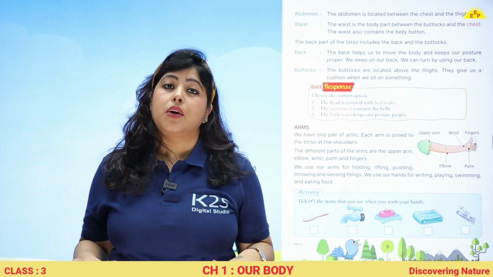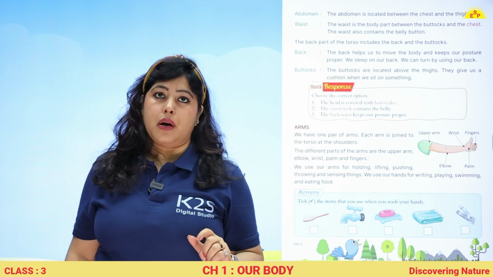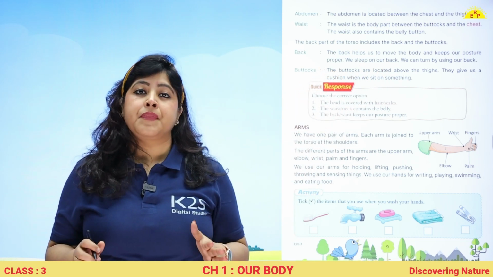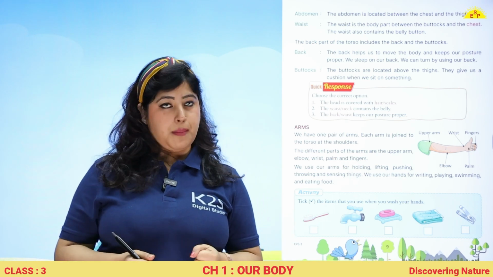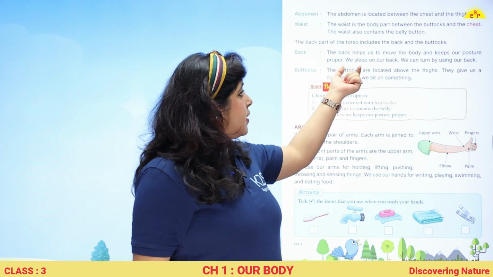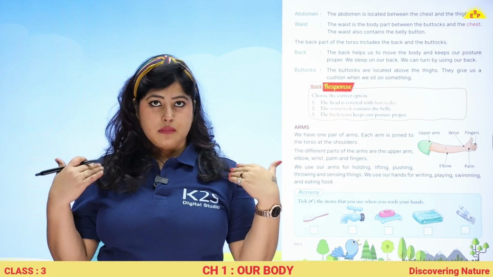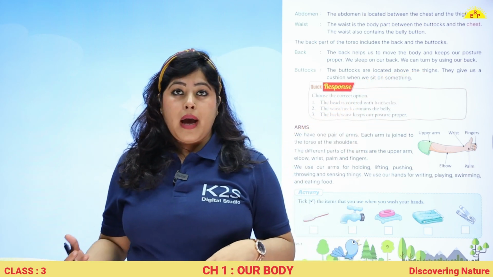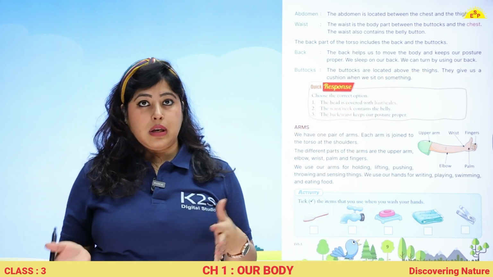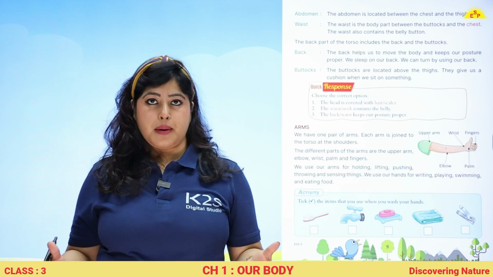Back की वजह से हम body को move कर पाते हैं and keep our posture proper. हमारा जो body का posture है, बैठने का, खड़े होने का, वो हम उसे properly back की वजह से maintain कर सकते हैं. We sleep on our back. हम अपनी back पे sleep करते हैं, कमर के उससे. We can turn by using our back. So जो हम turn लेते हैं, either left side or right side with the help of our back.